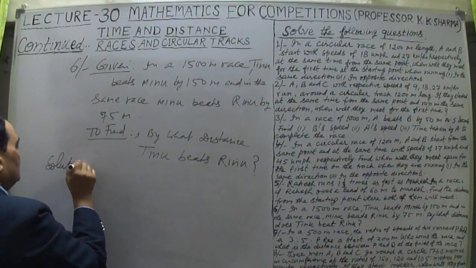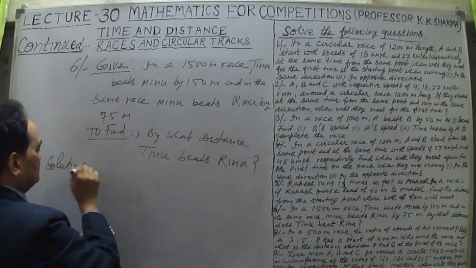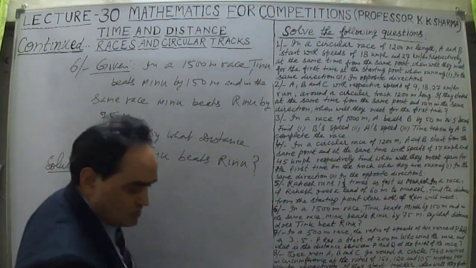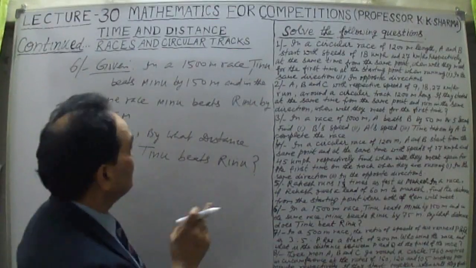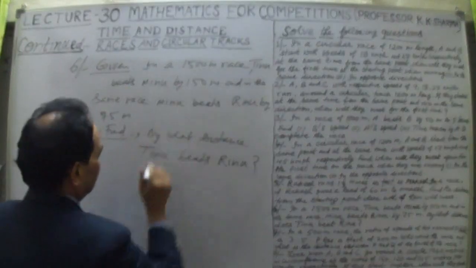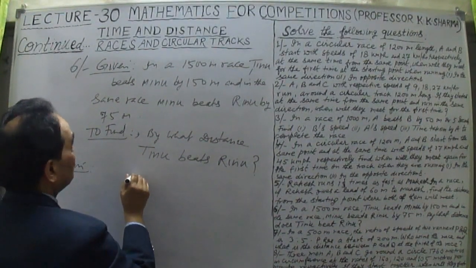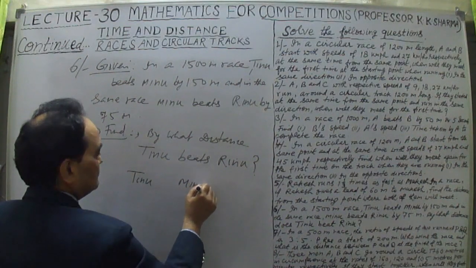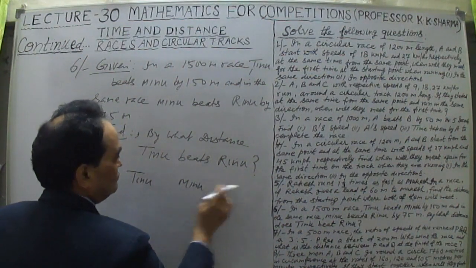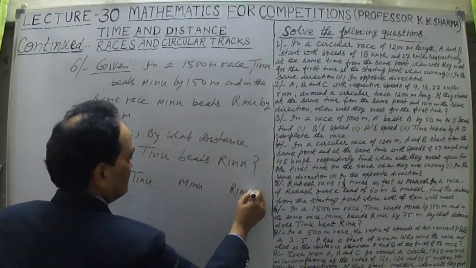What is the point here? Now see here. What are their distances respectively? In a 1500 meter race, suppose this is Tinu, this is Minu, and this is Renu, the third one.